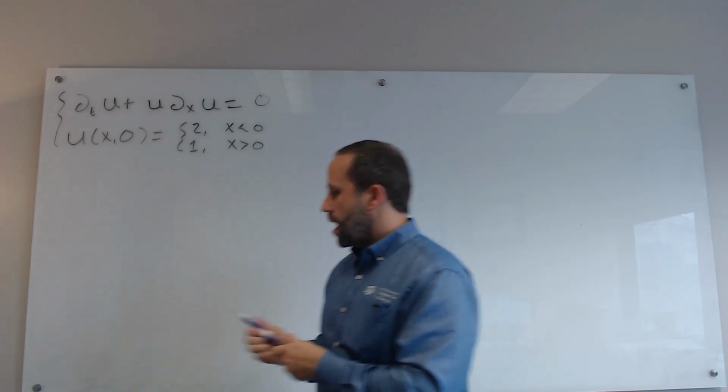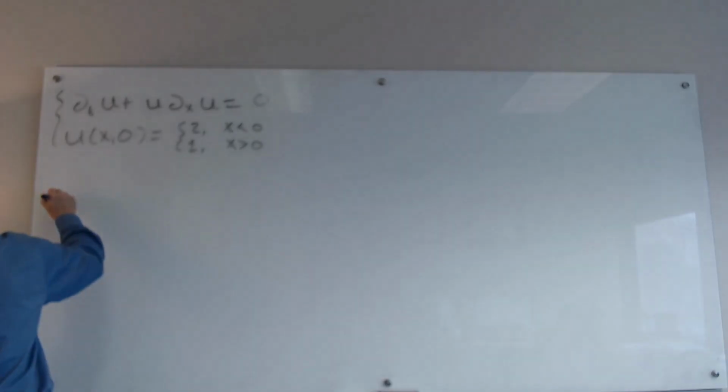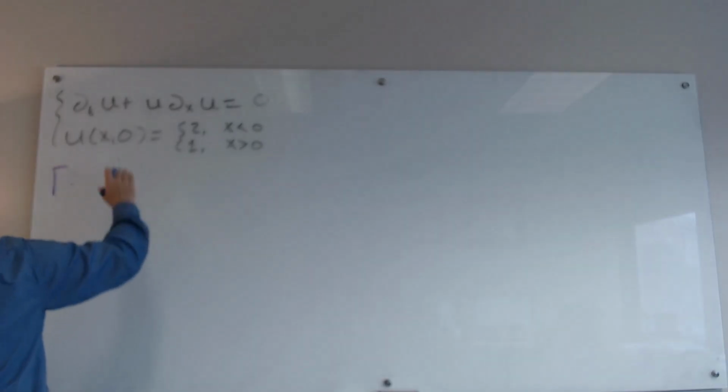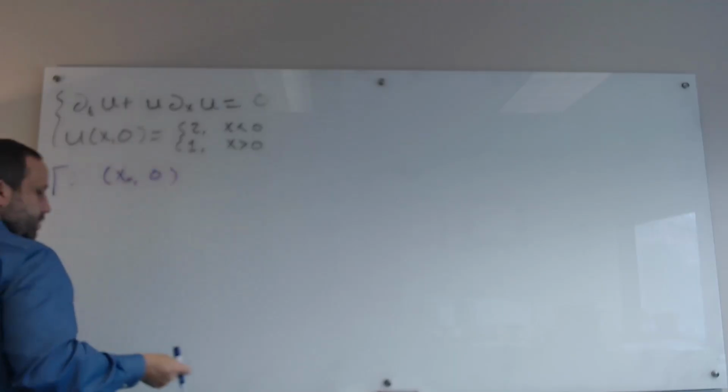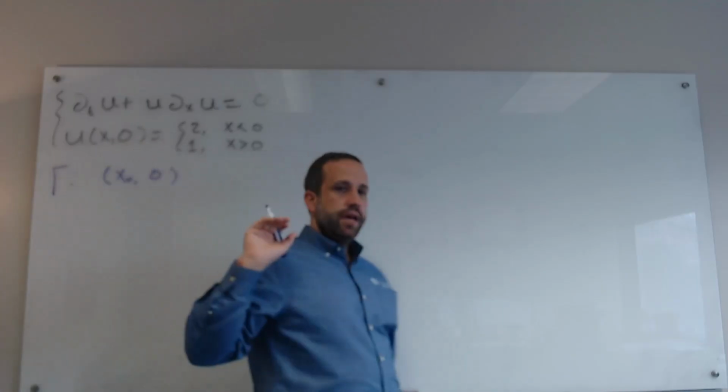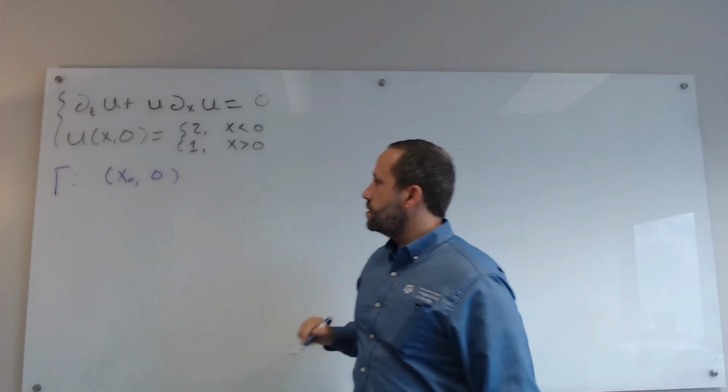So let's begin. The normal thing that we would do here is find a parameterization of the curve gamma, which for this one at least is going to be the x-axis.